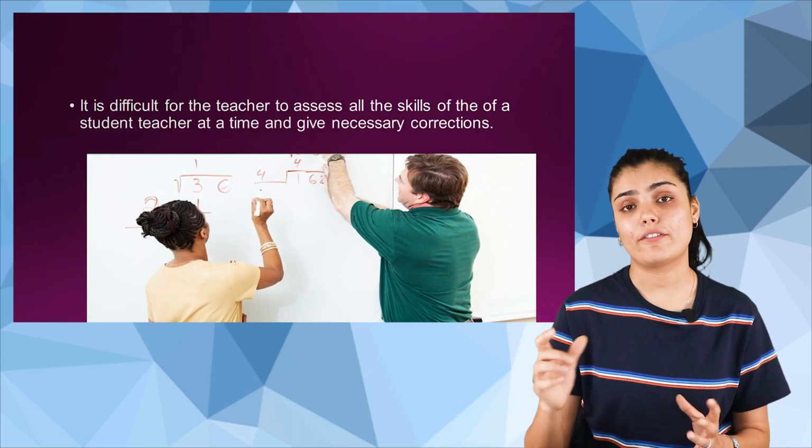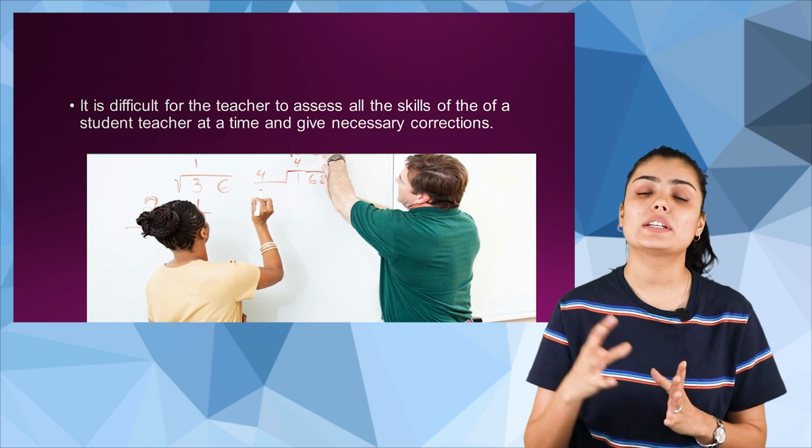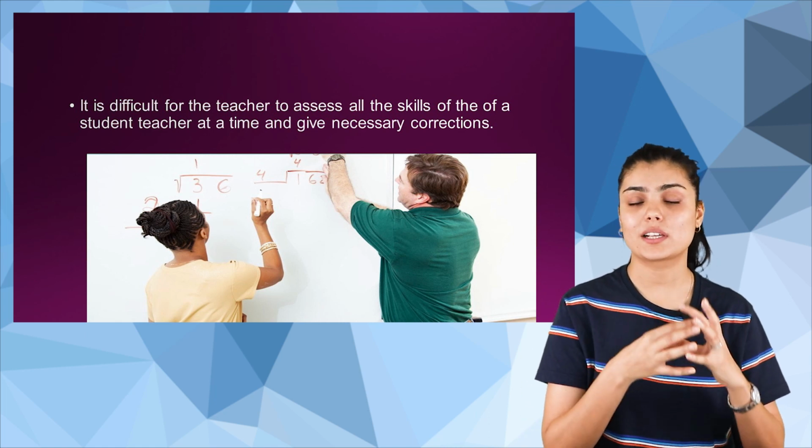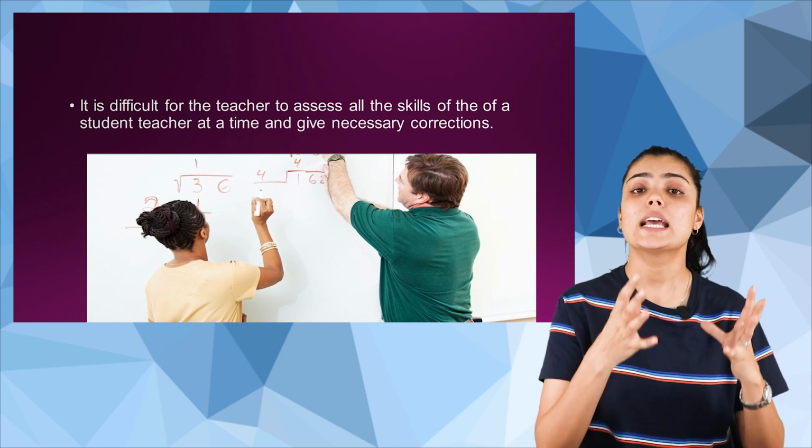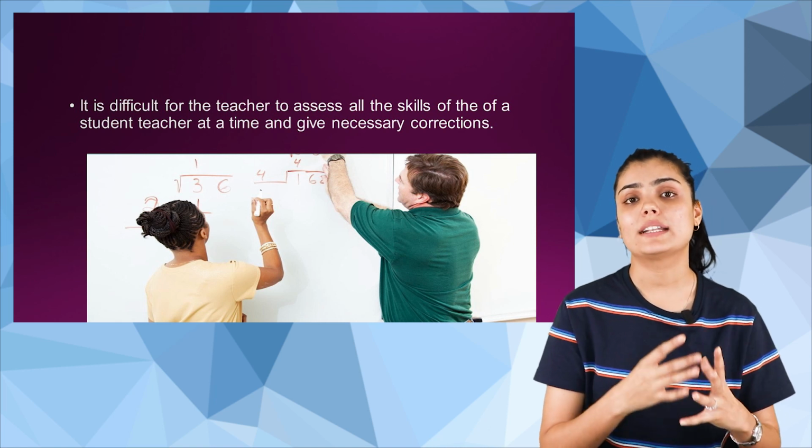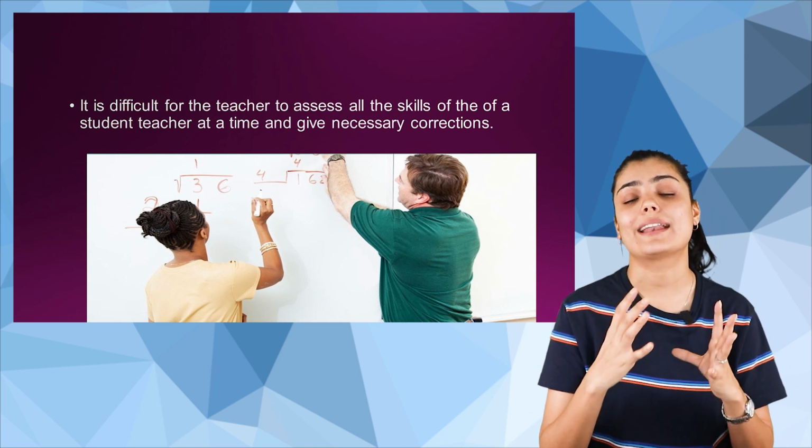For the supervisor teacher as well, it is difficult to assess all the skills of a trainee in one particular session and give all the necessary correction. It requires time. The teacher might not be able to assess each and every skill at a particular time with great efficiency. With micro teaching, the teacher can focus on one particular skill of the trainee and give corrections so that they can master those skills and knowledge.